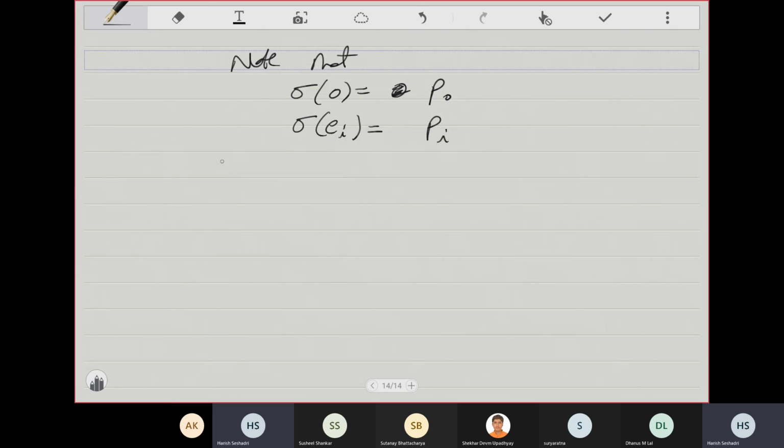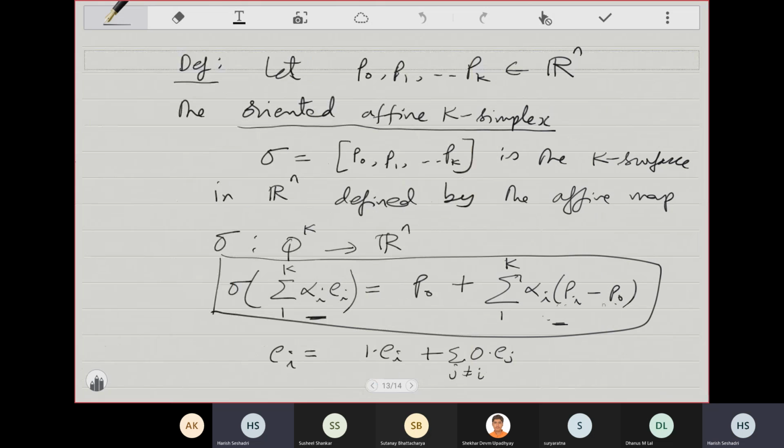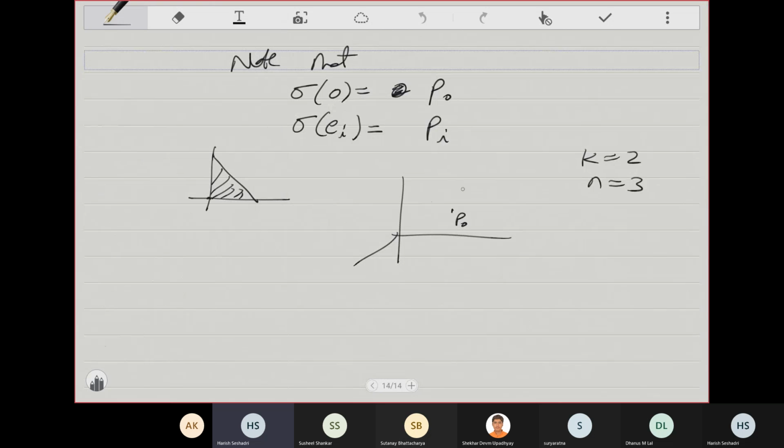So for example, in k equals 2 and n equals 3, what this map does is in R3, 0 will go to P0, and this is e1, this is e2. e1 will go to P1, so P1 will be something here.